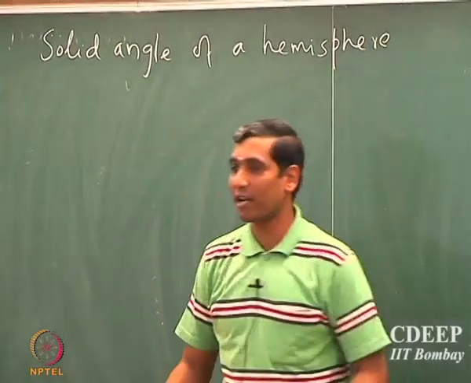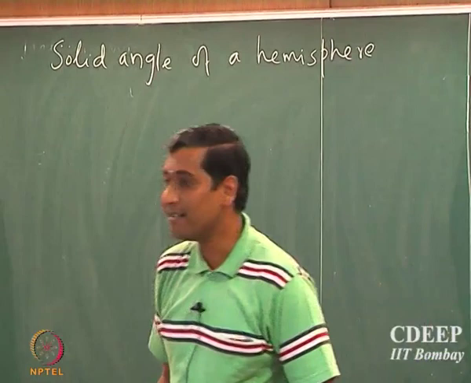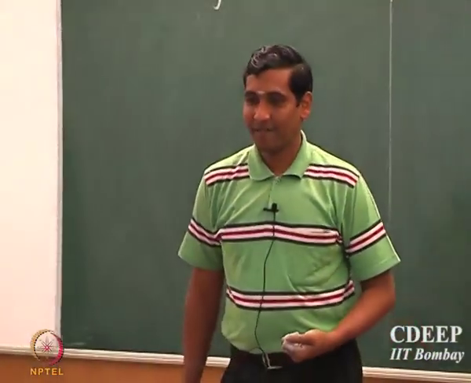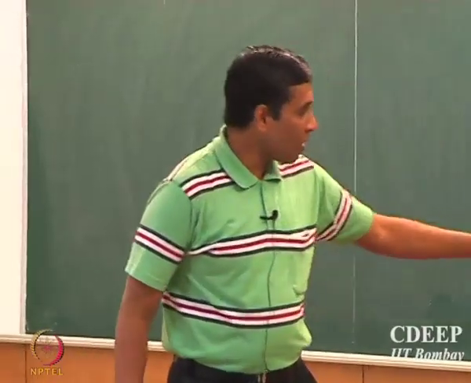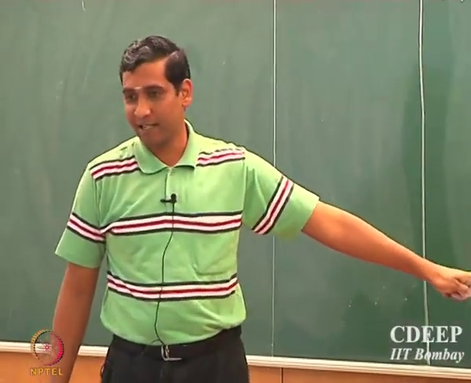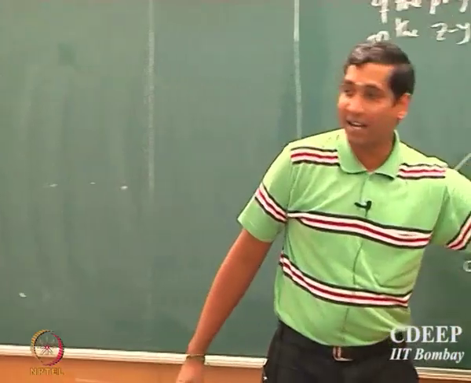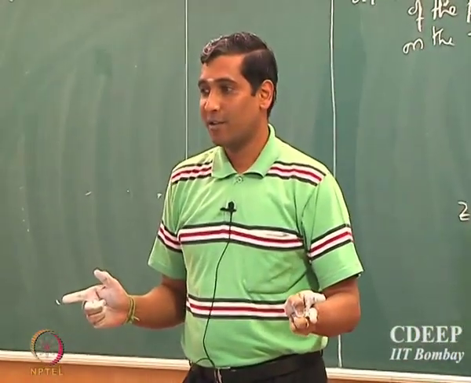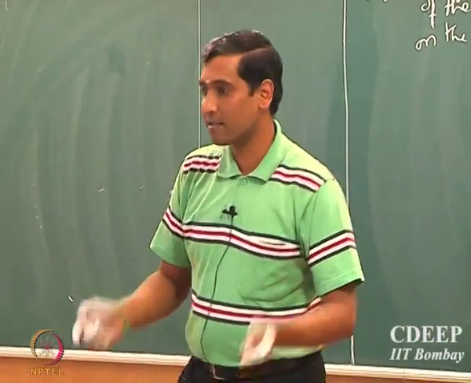How do I find the solid angle of hemisphere? Yeah? 180 degree? No. Theta goes from 0 to pi by 2, that's right. And then note that there are two angles. Hemisphere is a three-dimensional object. So it is defined by two angles.